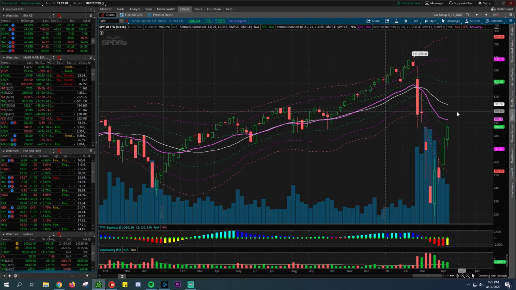Like, I'm looking for like 229 to 300 for SPY before even thinking about shorting it again. That's not even on my radar. These are super key important levels that we need to meet before you start jumping in and shorting.